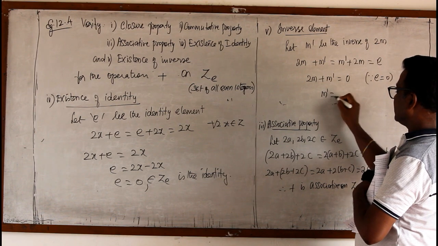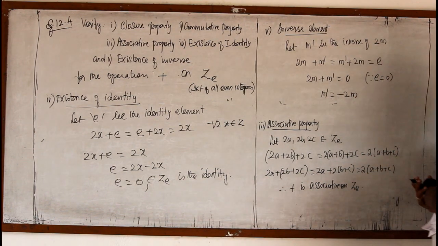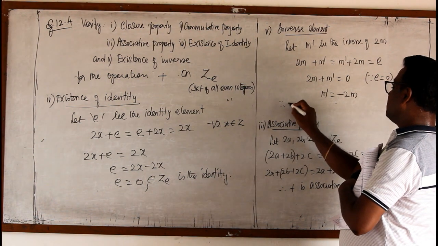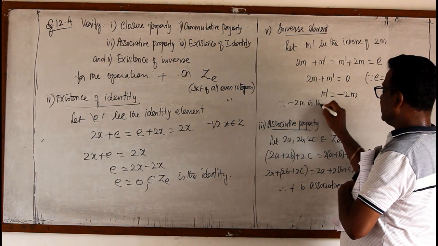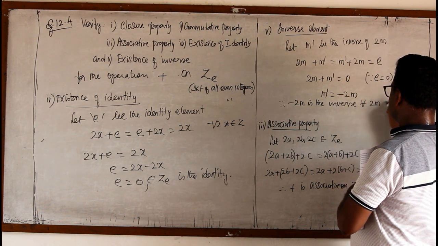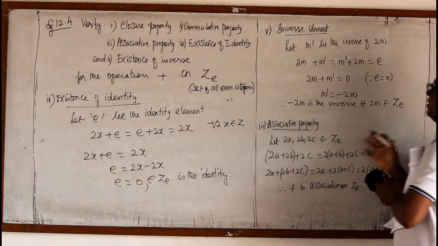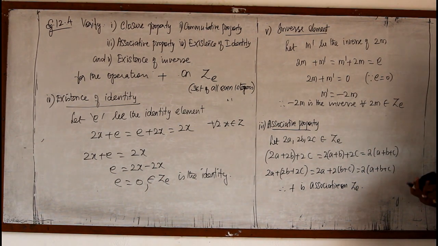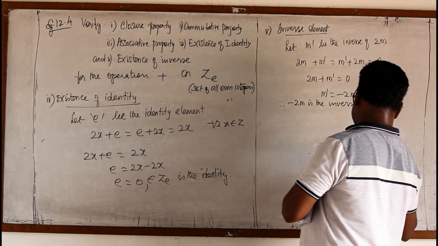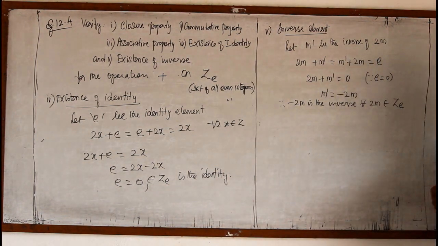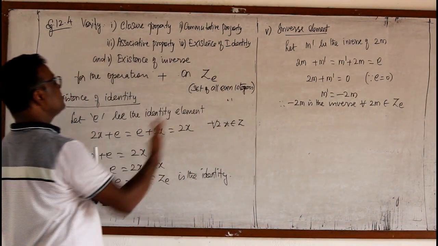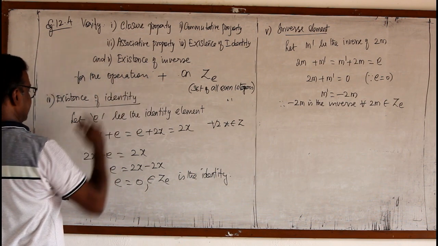Then m dash is minus 2m. Remember, if it is addition, the negative number is the inverse. Therefore, minus 2m is the inverse for every 2m belongs to ZE. Therefore, inverse is existing in this set of all even integers. So from this what you understood, the set of all even integers obeys closure property, commutative property, associative property, and there is identity and also inverse with respect to addition.